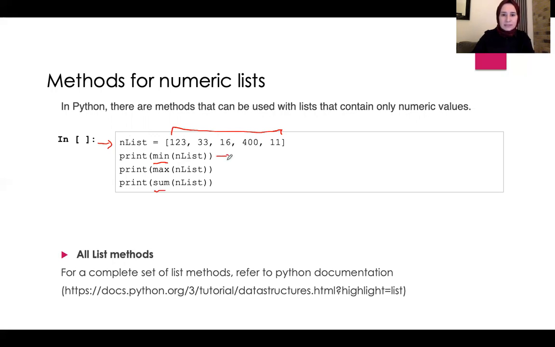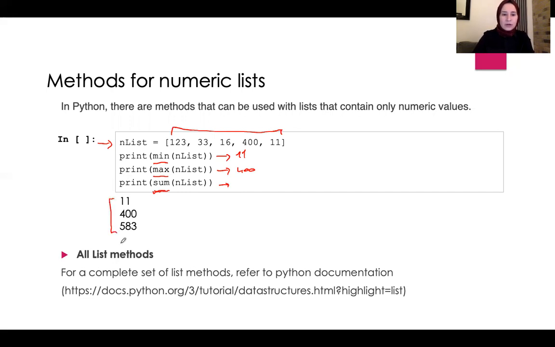This will return us 11, and the maximum will return us 400, as 400 is the maximum element in this list. The sum method will return the sum of the elements in your list. When you run this piece of code, those are the results you get.